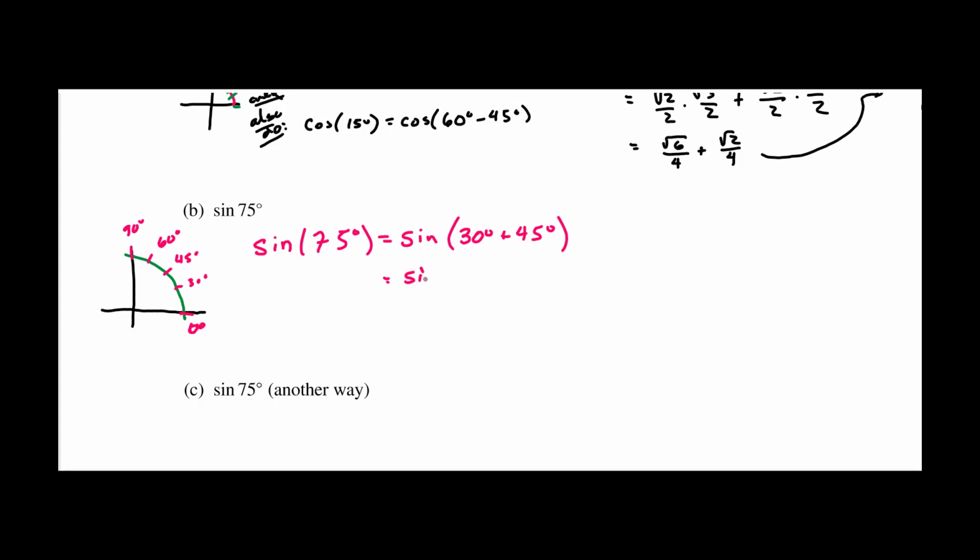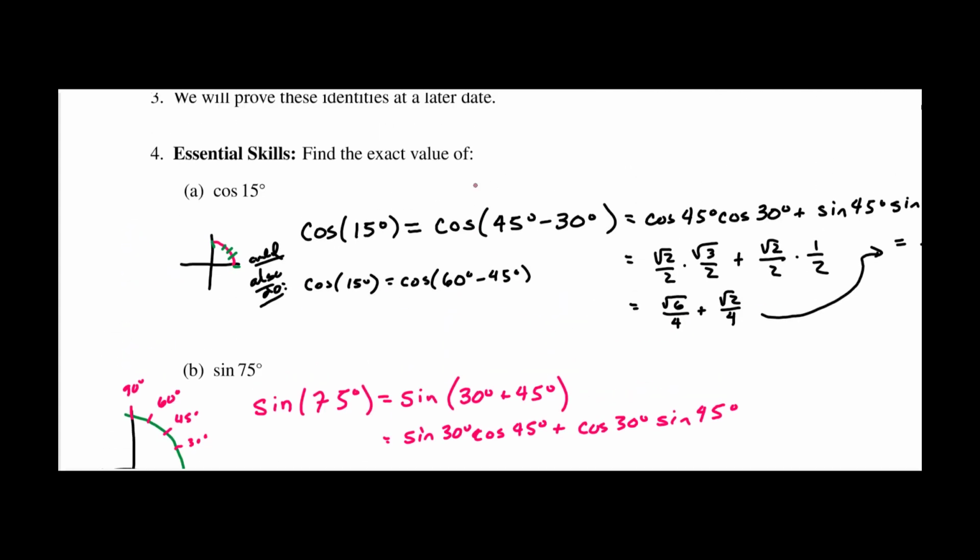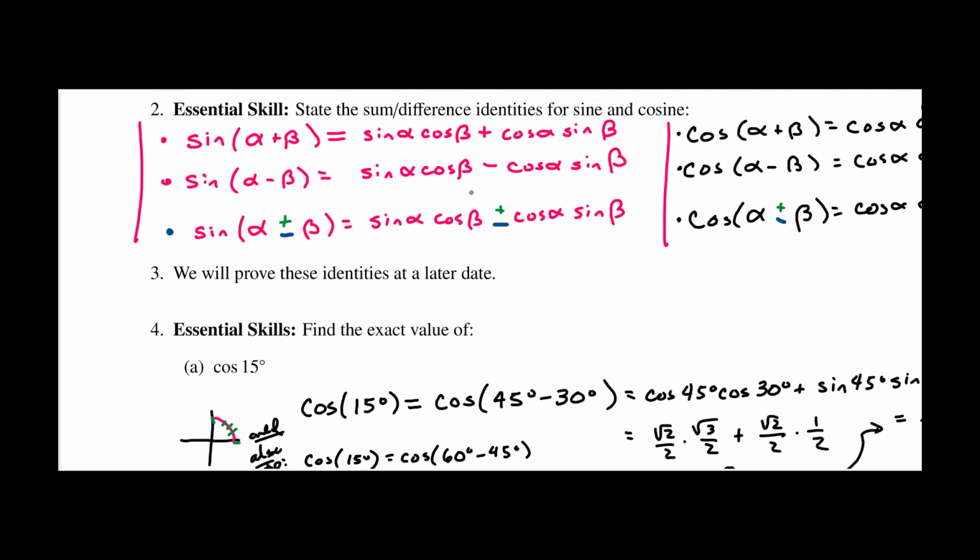This gives me the sine of 30 degrees, cosine of 45 degrees, and then plus the cosine of 30 degrees times the sine of 45 degrees, keeping this matching the way I gave the angle identity to begin with.